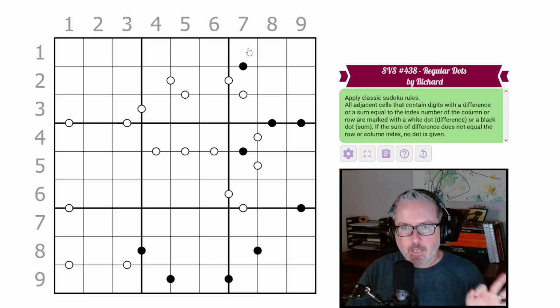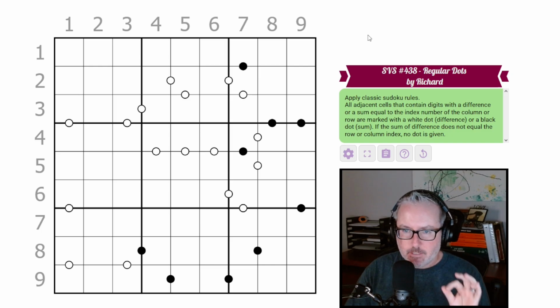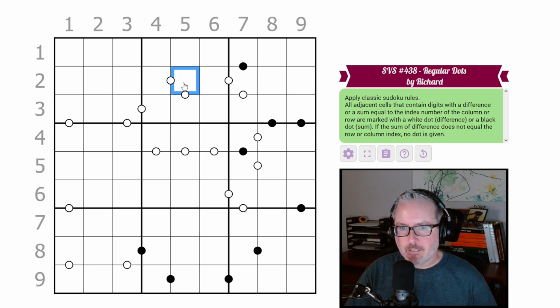So we have each of the rows and columns labeled. They're labeled essentially with their row or column number anyway. Every single row or column uses their number as an index. Now, if you have a white dot between two cells on a row or a column, that means that those two digits are going to be different by the value given.